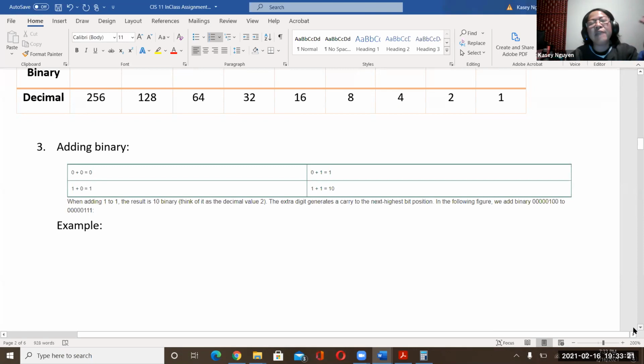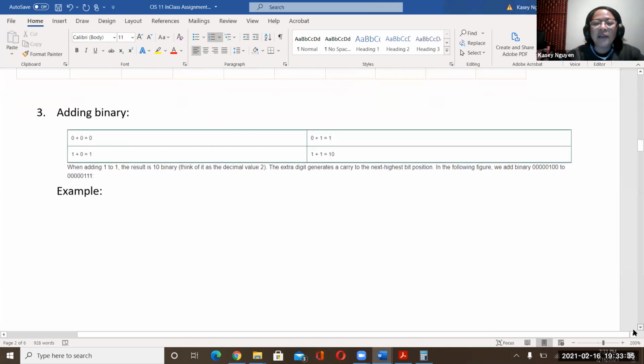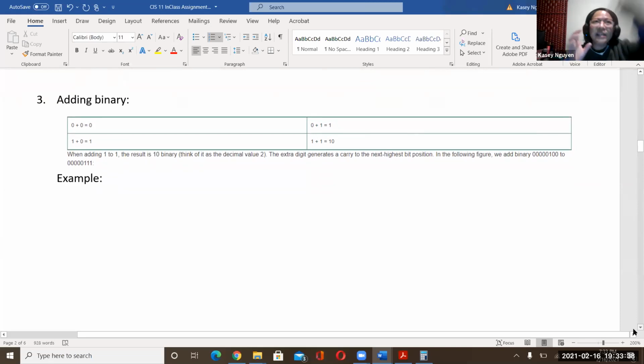It's kind of like if you do 5 plus 9. It's 14, so you have a 4, and then you bring the 1 to the left place, the tens place. When we add binary, it's like that. We carry the bit to the left side, and then it is added again if additional addition needs to occur.